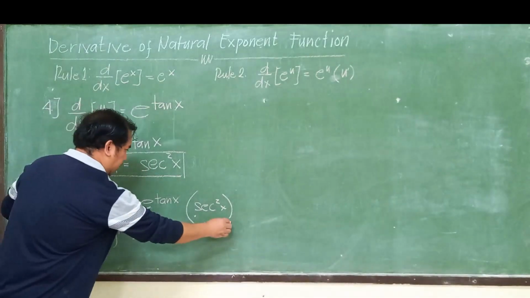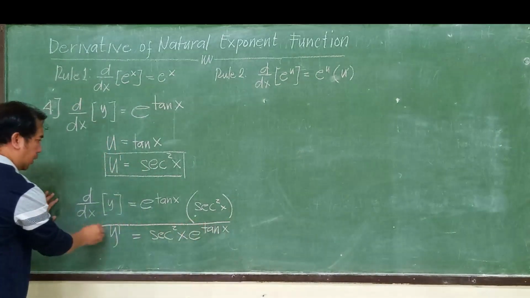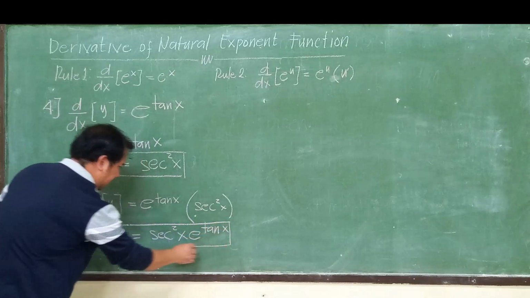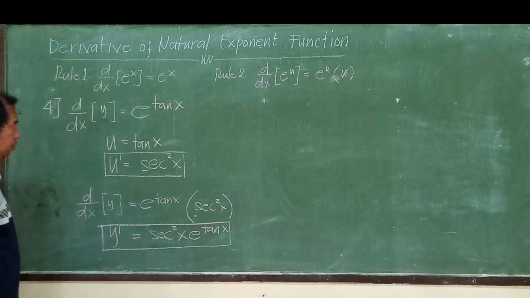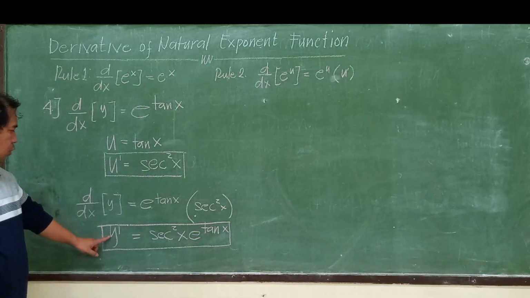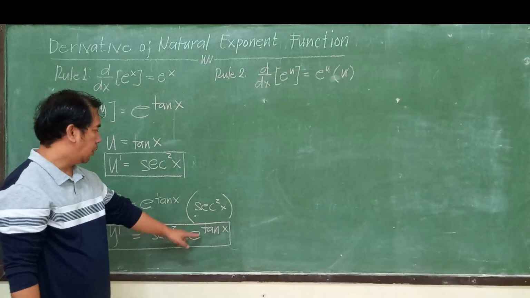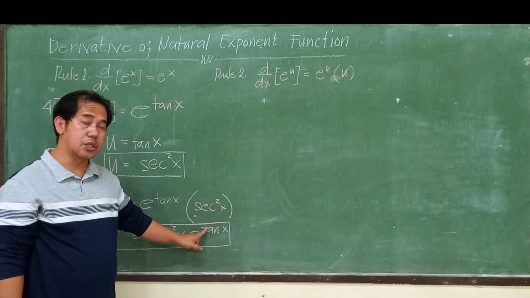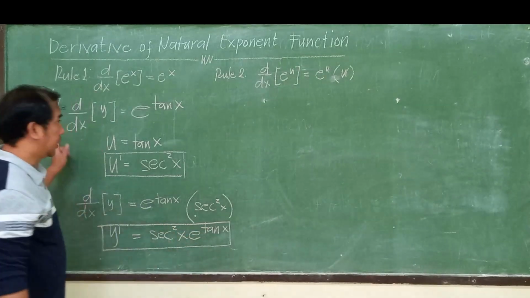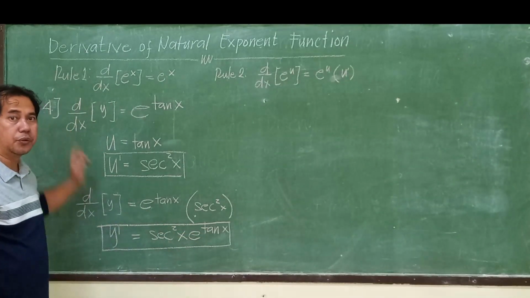So that is now the derivative of the problem. The derivative is y prime equals secant squared x e raised to tangent x. So that is for example number 4.